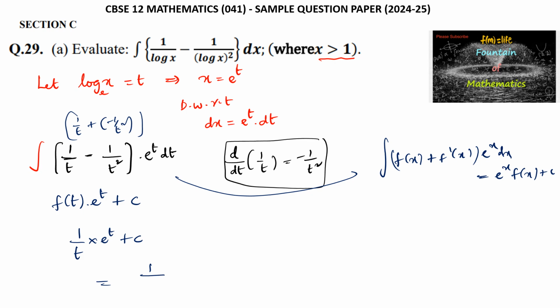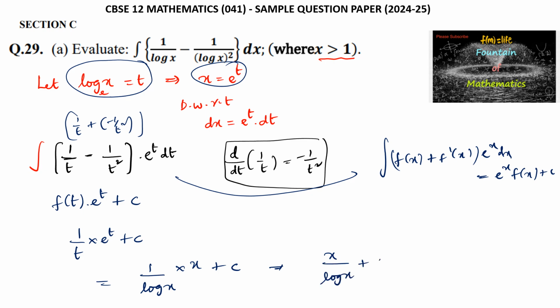Substituting back t is equal to log x, that is 1 upon log x into e power t, which is x, plus c, that is x upon log x plus c is the answer.